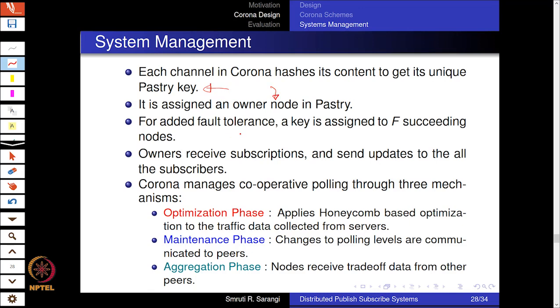For added fault tolerance, a key is assigned to F succeeding nodes. So if you would recall, we had seen something very similar in Amazon Dynamo, where a key is not just assigned to one node, but it is actually assigned to a series of nodes, F successive nodes, such that if one fails, the rest can take over.